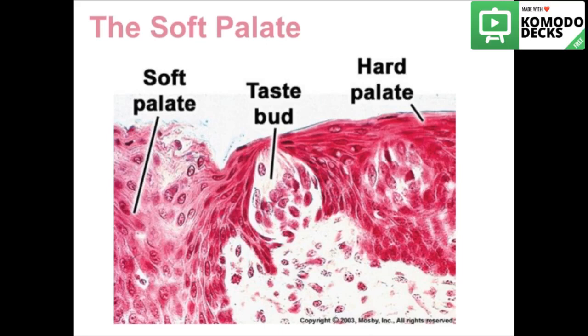Where the hard palate meets the soft palate, we see a keratinized epithelium and a non-keratinized epithelium of the soft palate, and on the junction, the taste buds.